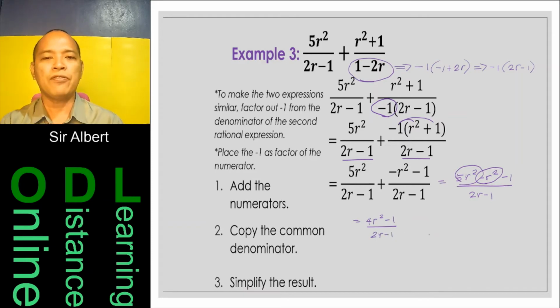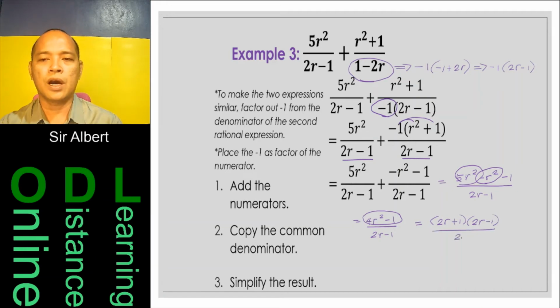Now, simplify this result by trying to factor out the things that can be factored out. I hope you realize that this numerator can be factored because this is the difference of two squares. We can then factor the numerator as 2r plus 1 times 2r minus 1 all over 2r minus 1.